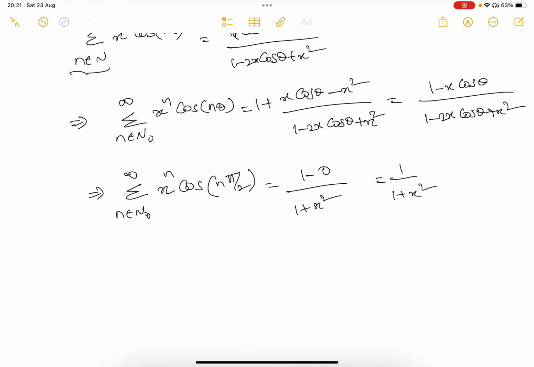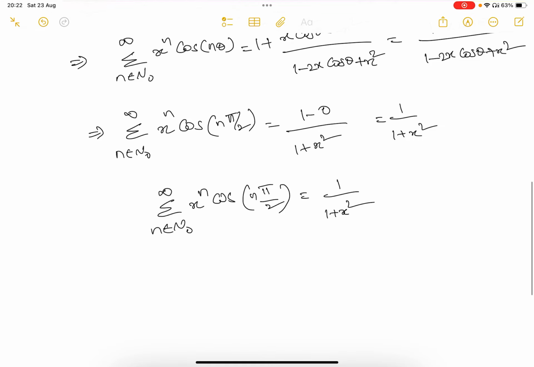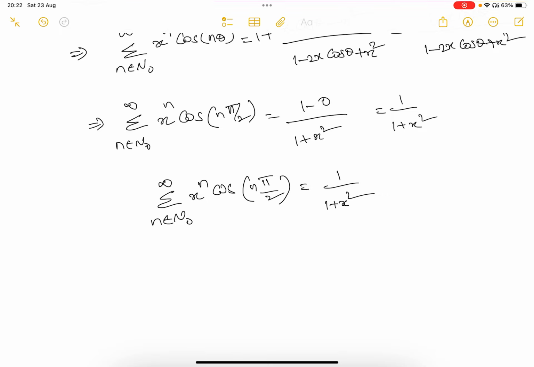So let's make this statement here: summation n from n naught to infinity of x power n cos of n pi by 2 is 1 by 1 plus x square.